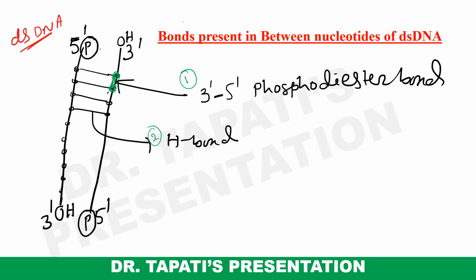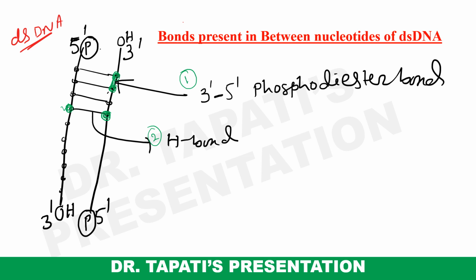But if you consider double-stranded DNA, the connection between two nucleotides between two strands is the hydrogen bond, and these are weak bonds that occur between the nitrogenous bases on opposite strands of the DNA double helix.